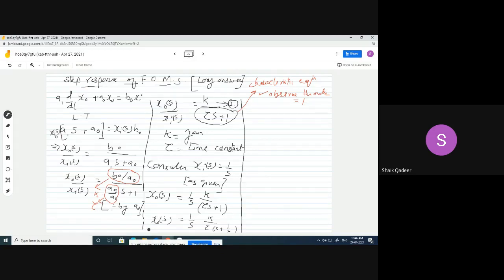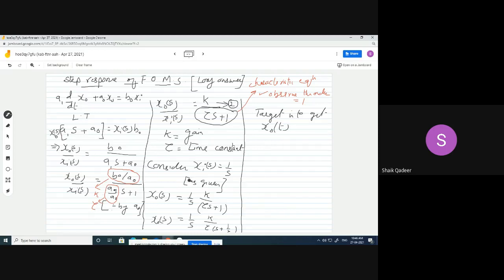Okay, what is the next requirement? Look here, what have you been asked in the question? We need to get the response of the first order system. Response of the first order system is nothing but the response in the time domain, not in the s domain. So our target is to get Xo of t.